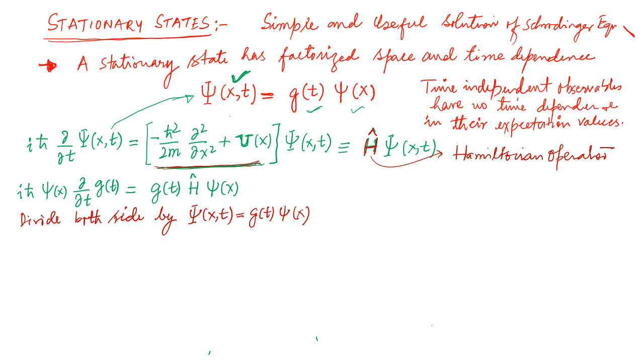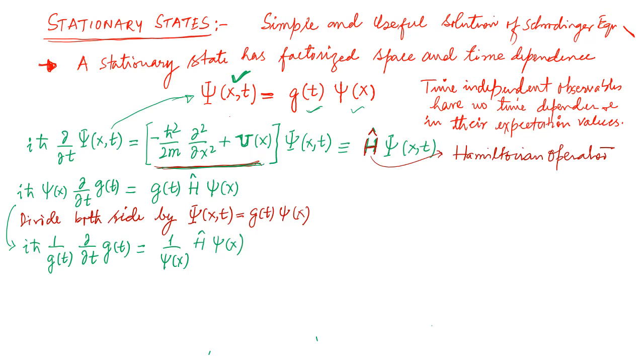So this becomes i h cross, psi cancels out, I will have 1 by g(t) times del by del t of g(t), and this will be equal to 1 upon psi(x) times H psi(x).